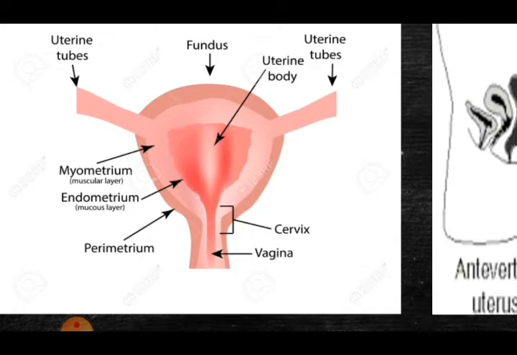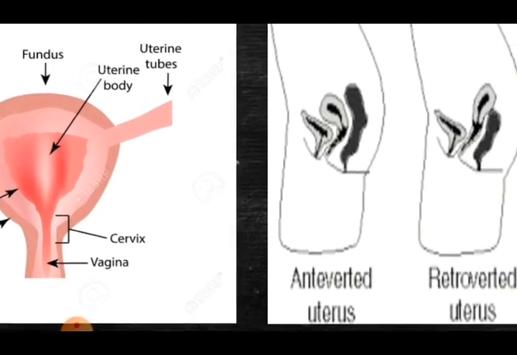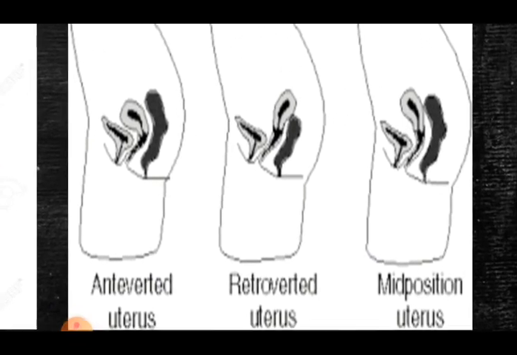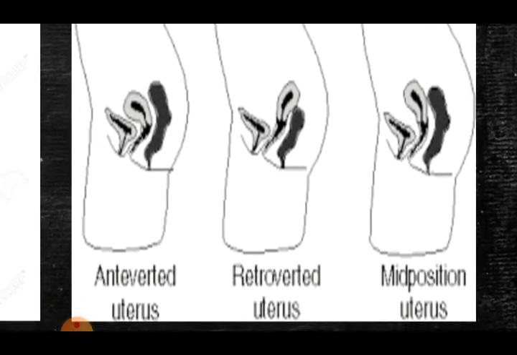Now we will talk about some of the anatomical variants of the uterus. Normally the uterus lies in an anteverted, anteflexed position. Now, what is anteversion and anteflexion? This is very important.